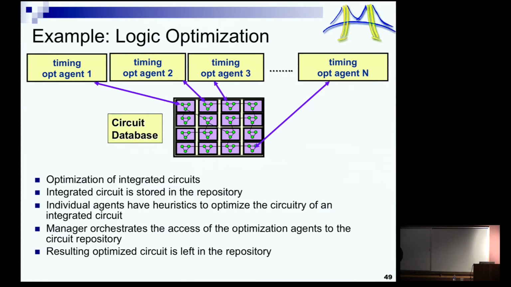They're trying to reduce the latency of a certain part of the circuit, or change it from a ripple carry adder to a carry look ahead or something. They can be working on independent parts of the circuit, and the repository manager in this case is very sophisticated, and will make sure that the circuit stays consistent across optimization passes.